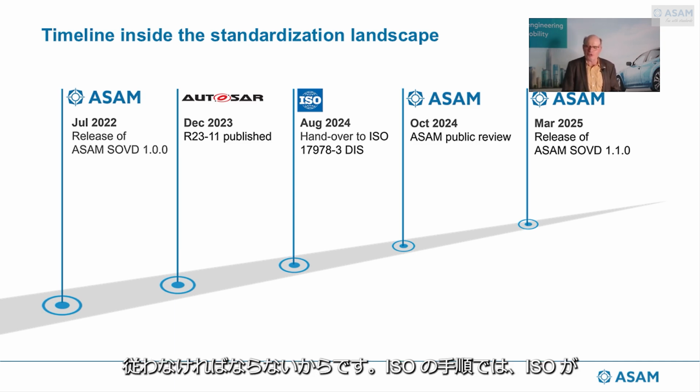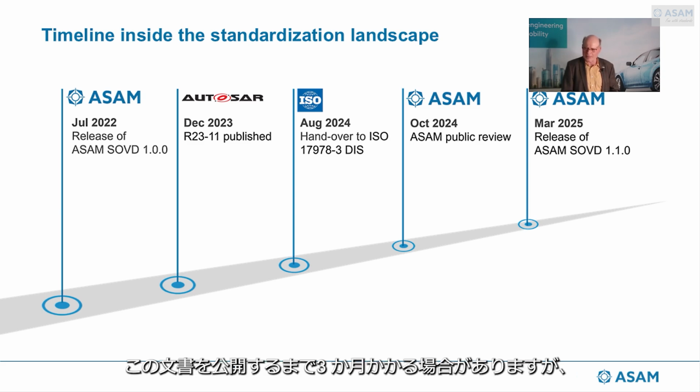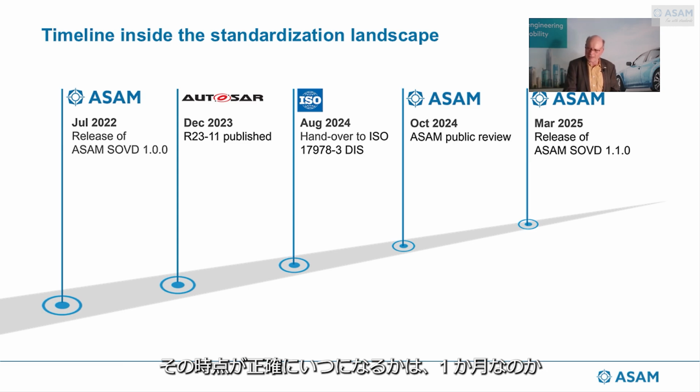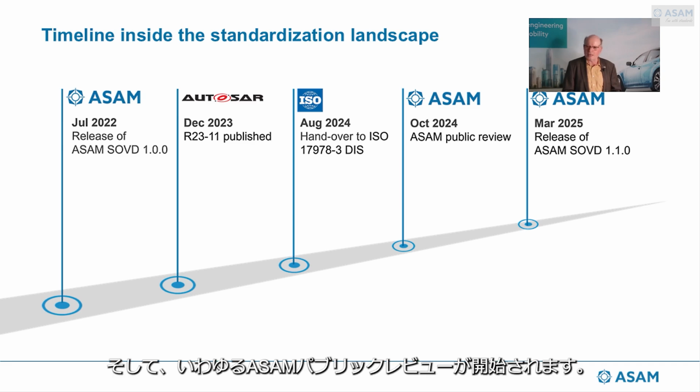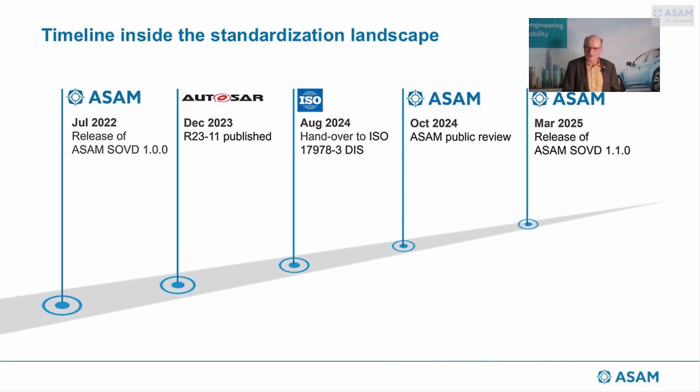The ISO procedure says it can take 2 to 3 months until ISO publishes this document. And exactly when this point in time comes, if it is 1 month or 3 months, nobody knows, then the so-called ASAM public review is started. This review via the different countries in the world runs 12 weeks.